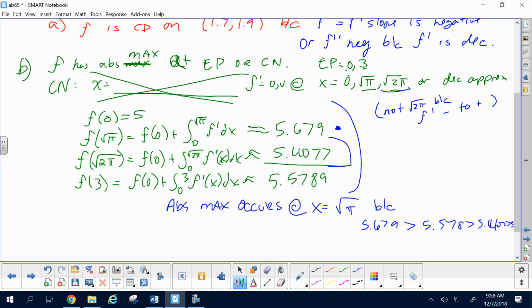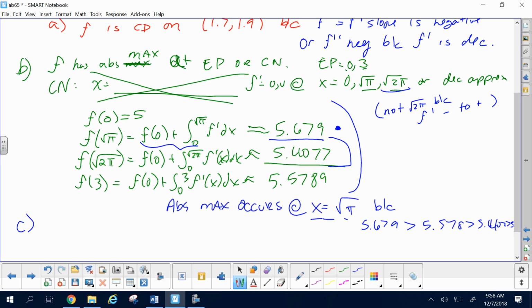If you just reported without showing this, that won't do. You must show where your results come from. You have to show the fundamental theorem, the calculus of it. And then 1 is for concluding correctly the absolute max is at x equals root pi, not giving the y value. Understood? So that's 3.